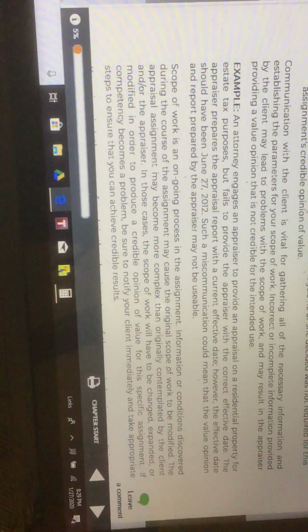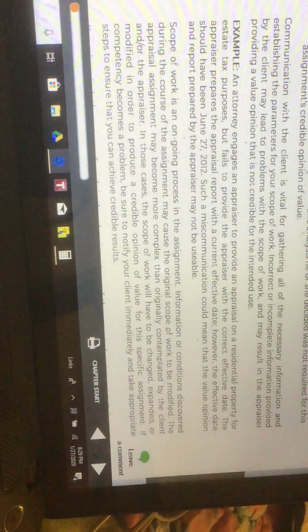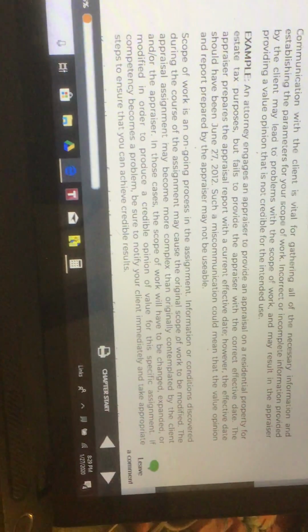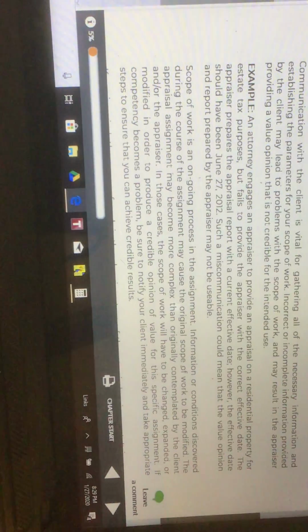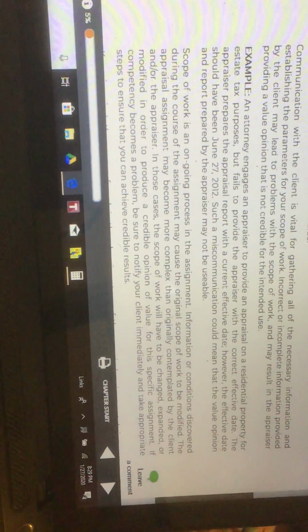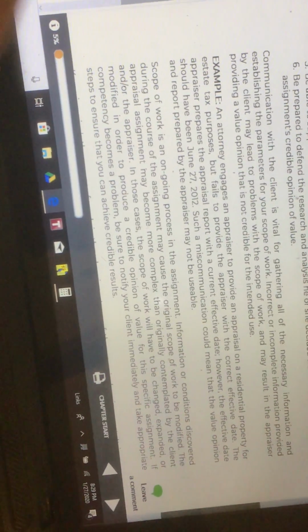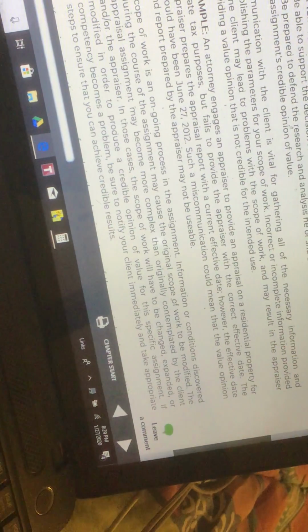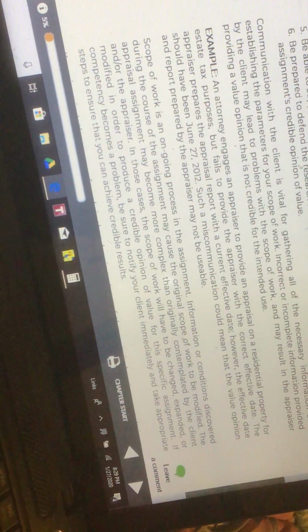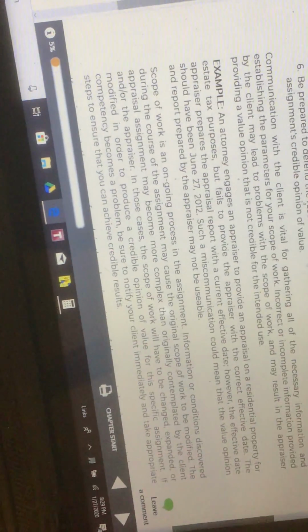In those cases, the scope of work will have to be changed, expanded, or modified in order to produce a credible opinion of value for this specific assignment. If competency becomes a problem, be sure to notify your client immediately and take appropriate steps to ensure that you can achieve credible results.